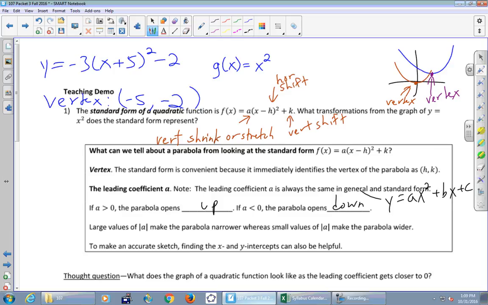So narrower is how I think of it, but in practice this semester, I've been trying to force you to think of it as being taller, right? That A is definitely a vertical transformation. And then it says smaller values make the parabola wider. Again, that's not the word I've been encouraging you to use. Compressed, or it's a shrink, or maybe the word shorter. We haven't used the word shorter, but that's how the graph will appear.